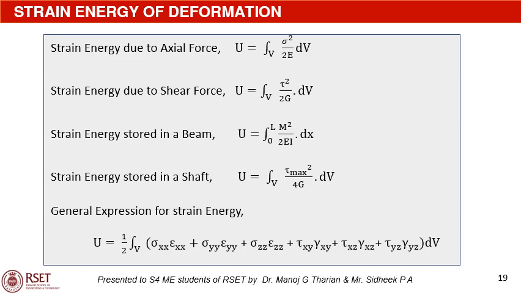And in the case of a shaft which is subjected to a torque, strain energy U is equal to integral over the volume V of tau max square by 4G into dV. The general expression for strain energy is given by U is equal to half integral over the volume V of sigma x epsilon x plus sigma y into epsilon y plus sigma z into epsilon z plus tau xy into gamma xy plus tau xz into gamma xz plus tau yz into gamma yz into dV.